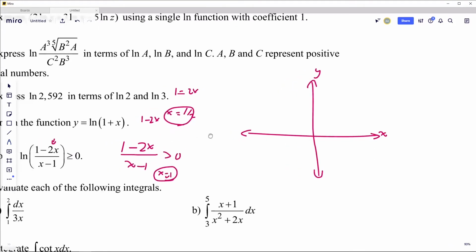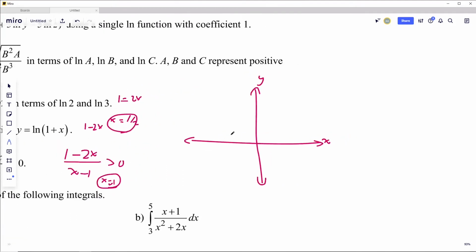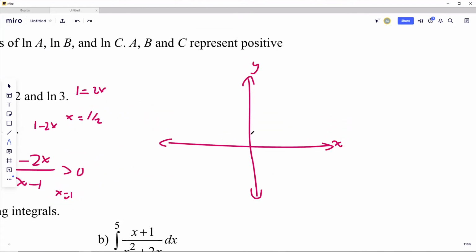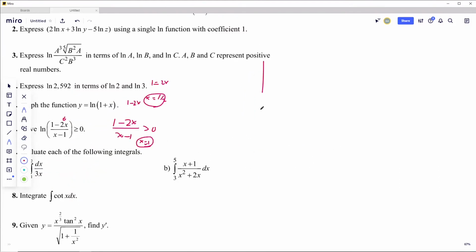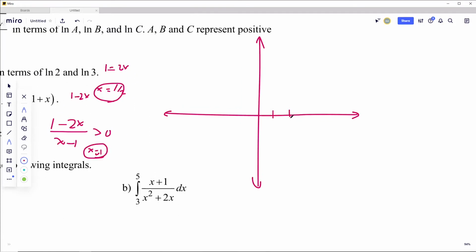So let's find that out. One way you could do this, if you want to fix this, okay, so let's say this is 1, 2, 3, 4, 5.